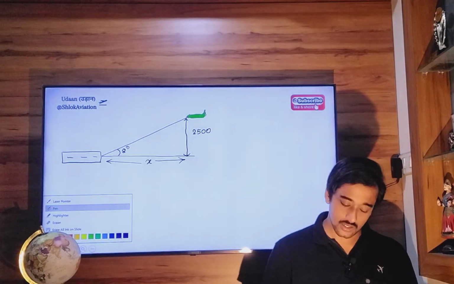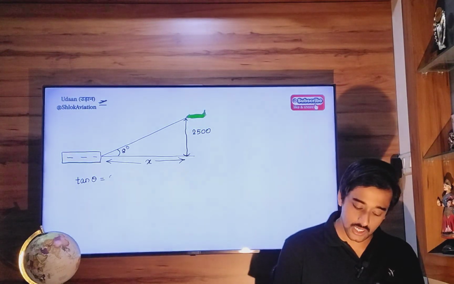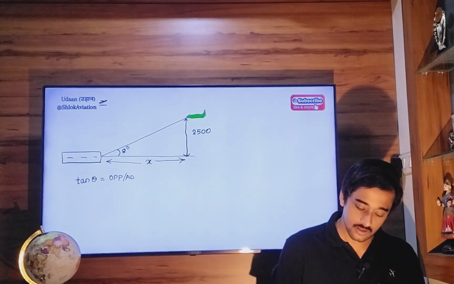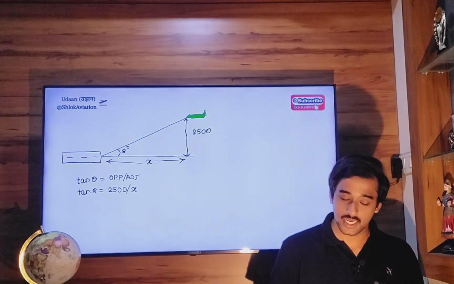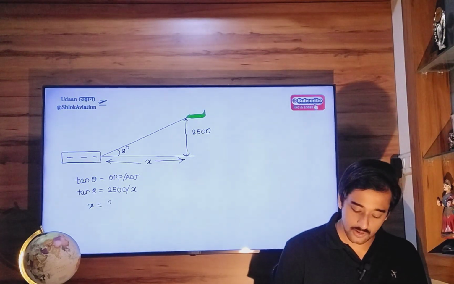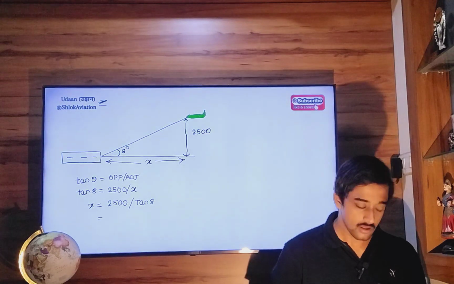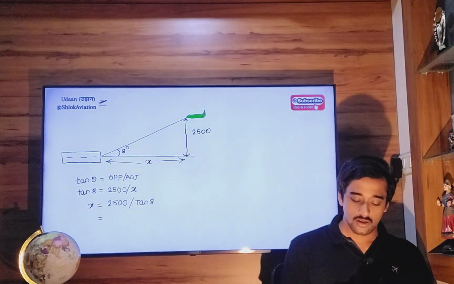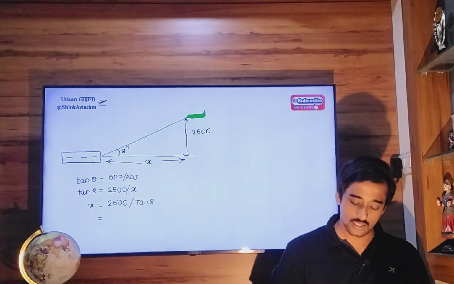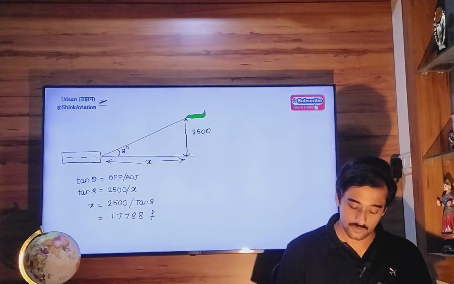So let's use the tan theta formula first. Tan theta equals opposite upon adjacent. So tan of 8 degrees, opposite side is 2,500 feet, adjacent side is x. So x equals 2,500 divided by tan 8. 2,500 divided by tan 8 is 17,788 feet.